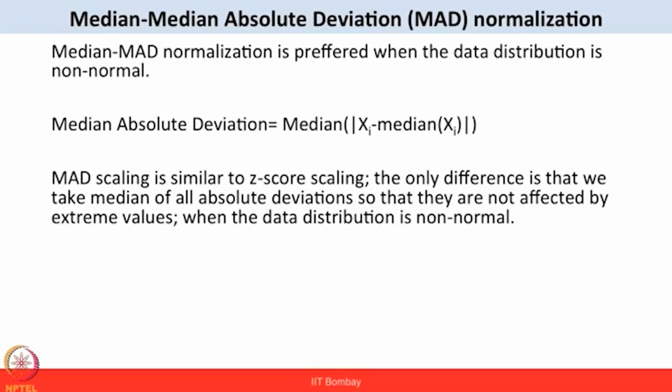So MAD normalization is similar to Z-score scaling, and the only difference is that it takes the median of absolute deviations, so that they are not affected by extreme values, and this is particularly useful for non-normal distributions. The median absolute deviation, as you can see in the formula, is the median of the absolute deviations.